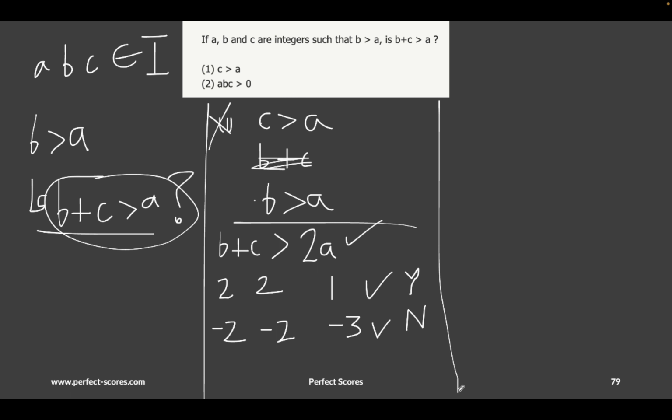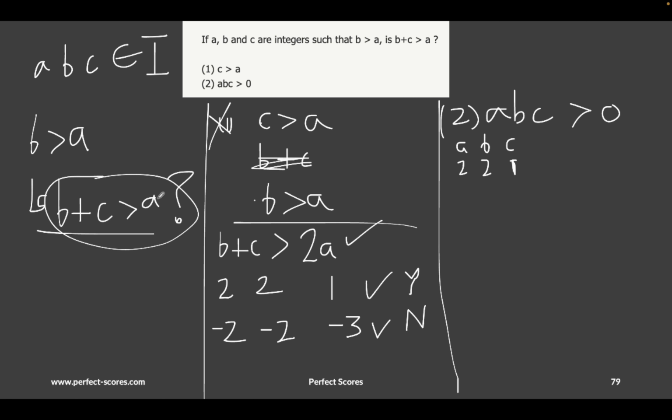So now let's move on to the second statement. The second statement says that ABC is greater than 0. That doesn't give me too much information, but I'm still going to disprove it. For instance, I can pick A is 2, B is 2, and C is 1. If I pick these numbers, then ABC is greater than 0.